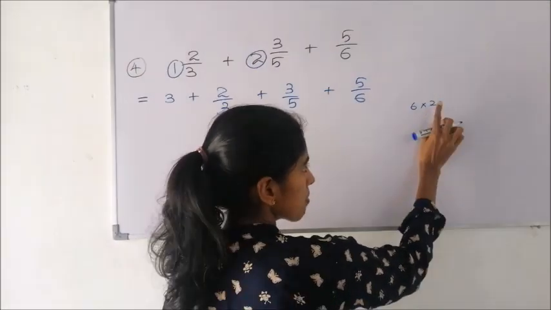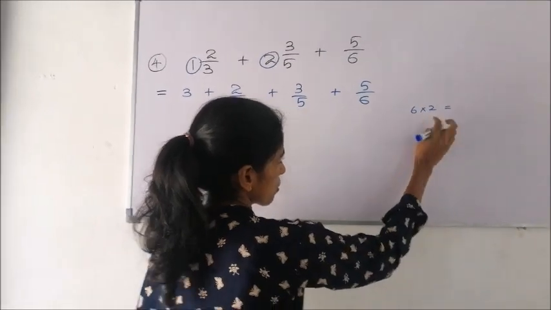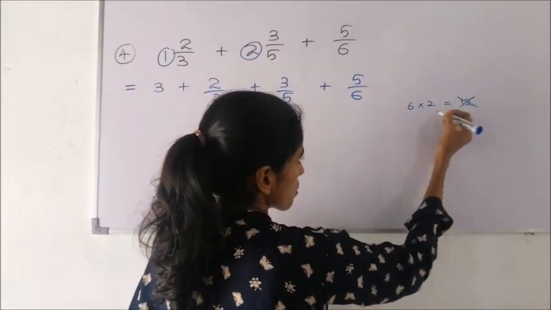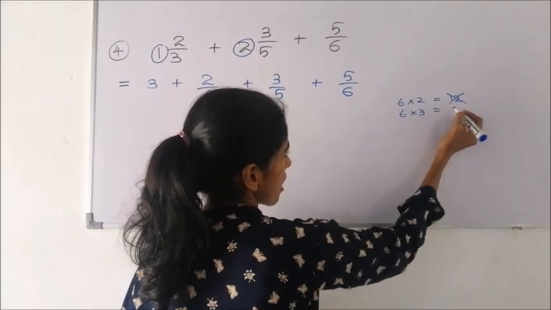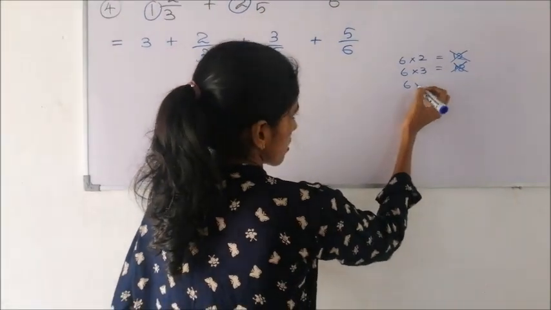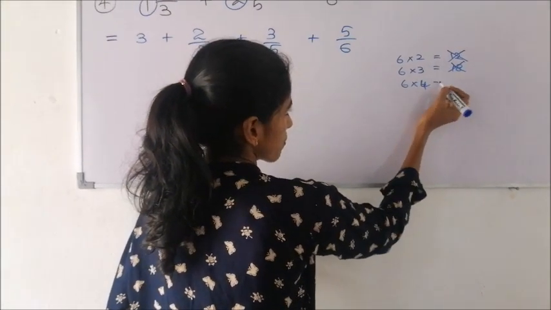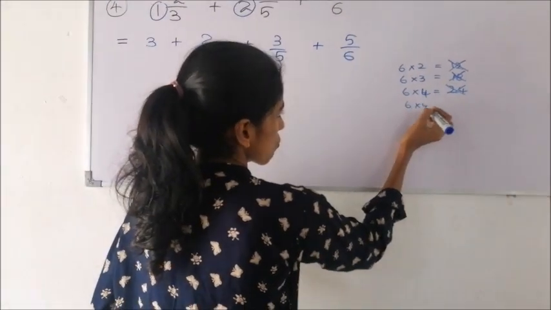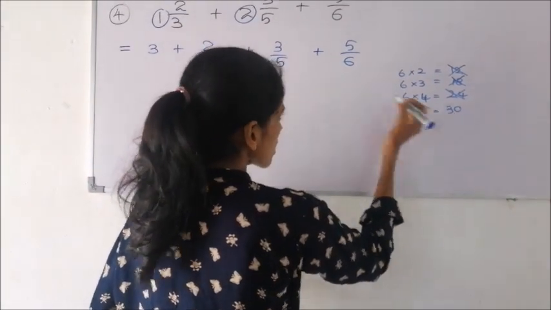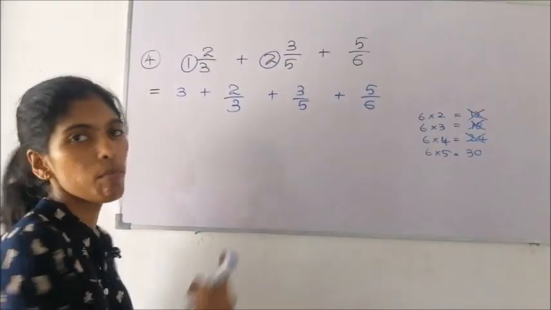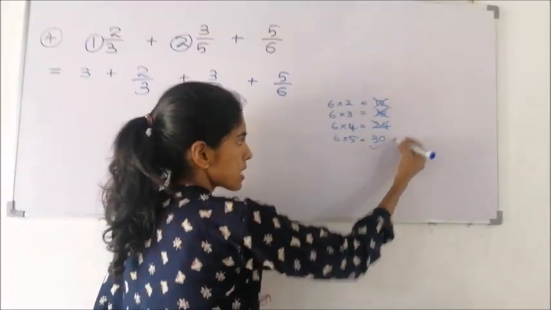Multiply it by 2, starting from 2. 12. Is 12 divisible by 5? No. 6 times 3 is 18. Is 18 divisible by 5? No. 6 times 4, 24. Not divisible by 5. 6 times 5 is 30. 30 is divisible by 5 and also by 6 and 3, all these denominators. So this must be the LCM.